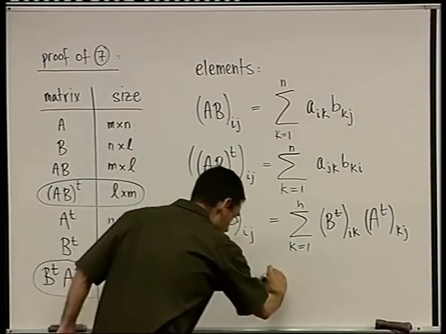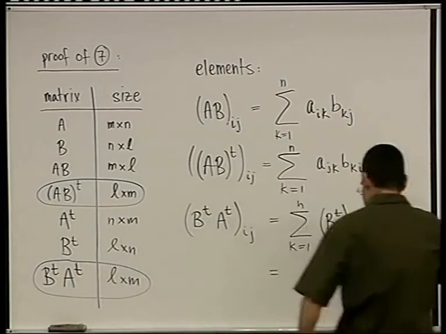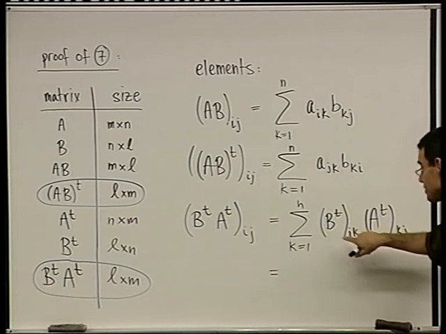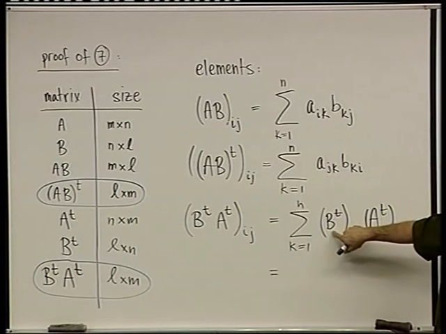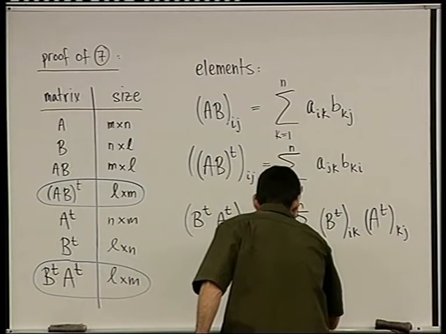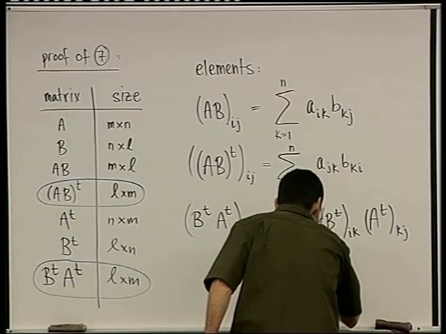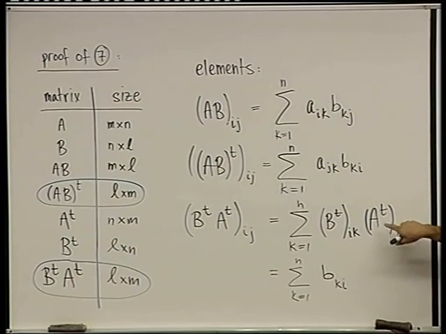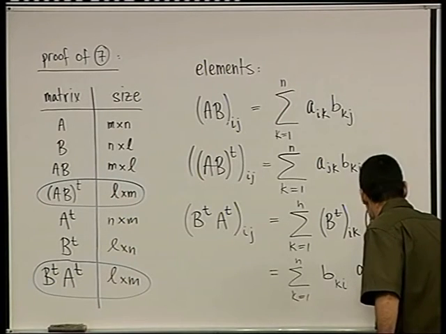Now what is this equal to? What is the ikth element of B transpose? It's the kith element of B, right? So it's sigma k equals 1 to n, little b_ki. And what is the kjth element of A transpose? It's the jkth element of A. So it's a_jk.